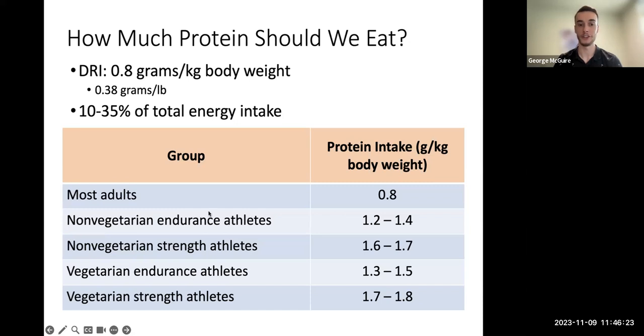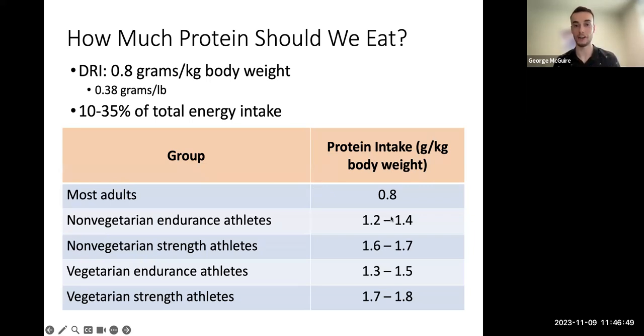But if you are an endurance athlete, so the type of exercise that you participate in is moderate intensity over a long period of time, you don't need necessarily as much protein as a strength athlete, but you do need a higher amount than a non-active individual. Right? Your muscles are still being used, still being stressed, and will still need to rebuild themselves.